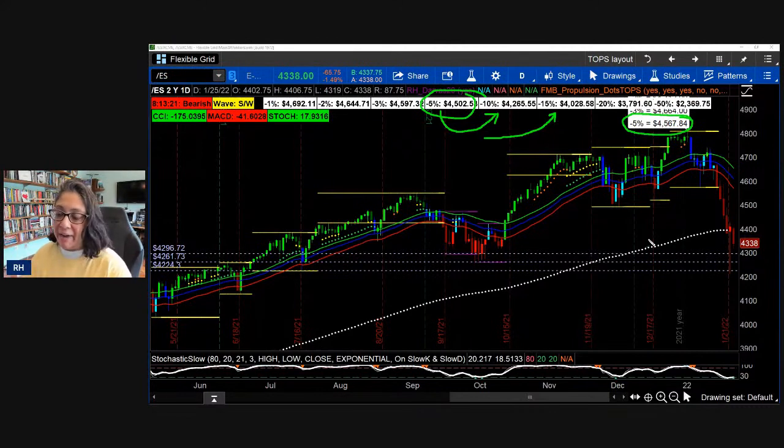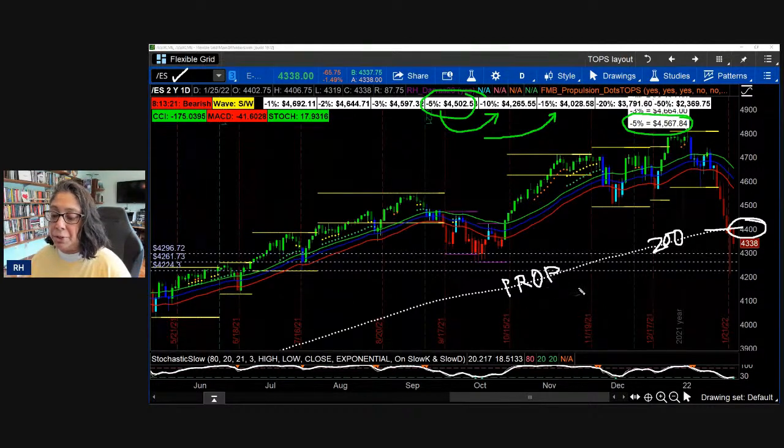To me, anything at 5% is usually just a retracement, usually of a choppy market or trending action. Past 10, past 15, the sentiment does change. The most important sentiment level on this chart is going to accompany 4,400. This, of course, is the S&P futures, and that 200 exponential that I use the Propulsion, simpler Propulsion, to plot on the chart.